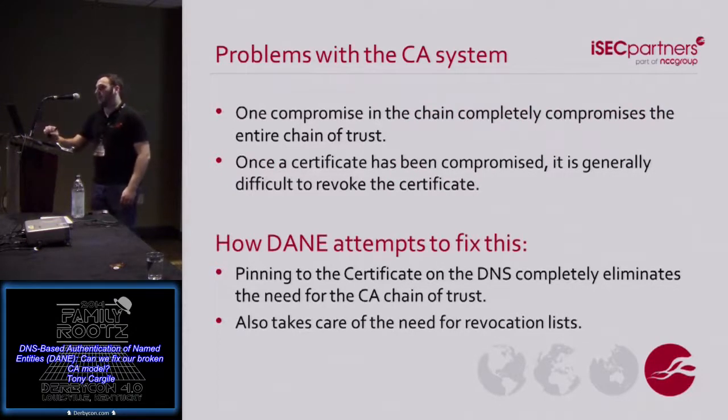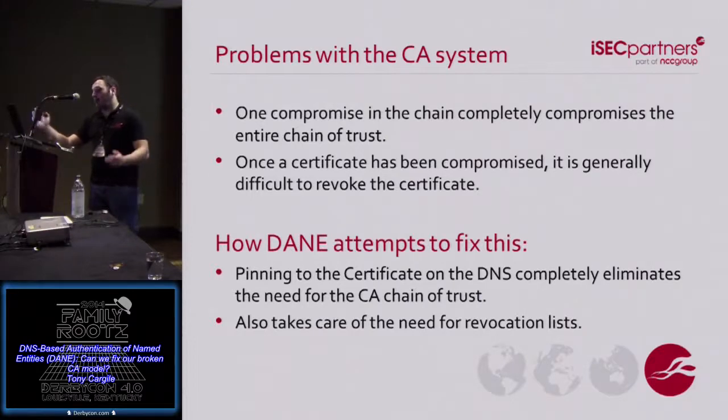One is that any compromise in the entire CA system compromises every single user that uses the CA system to verify trust. And two, once the certificate has been compromised, it's incredibly difficult to revoke that certificate. No one's actually doing it right now.